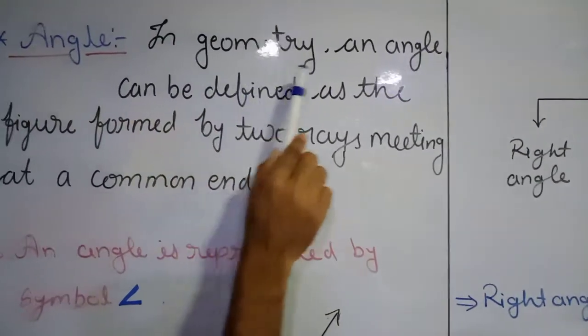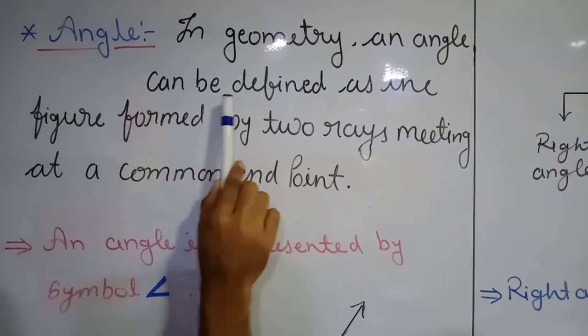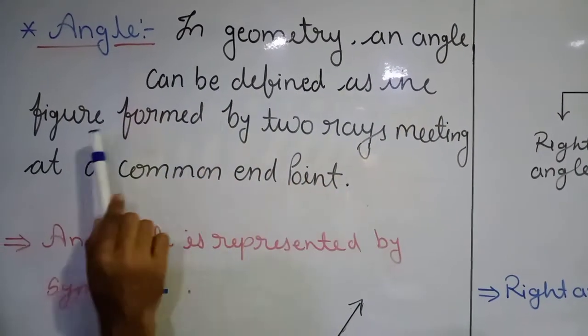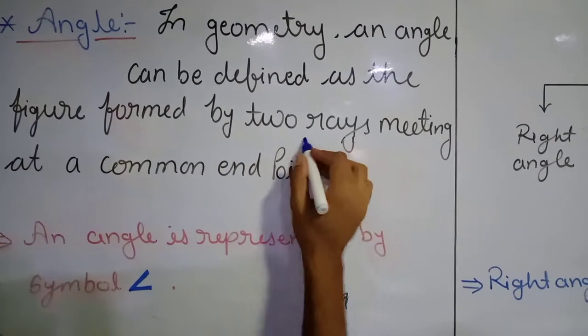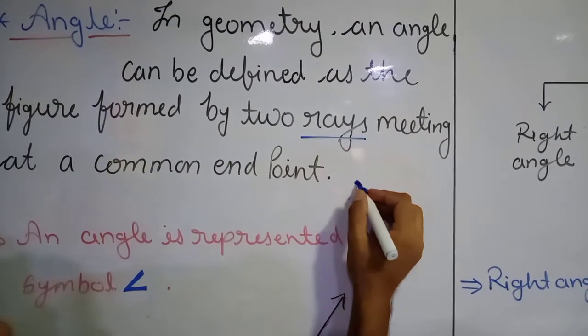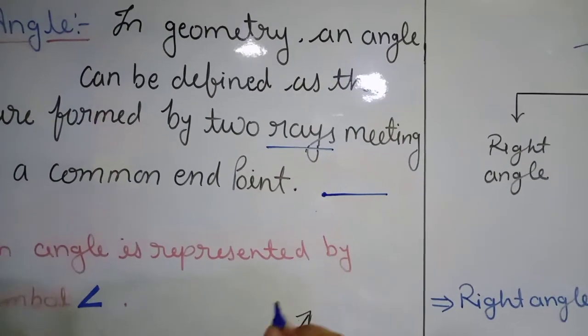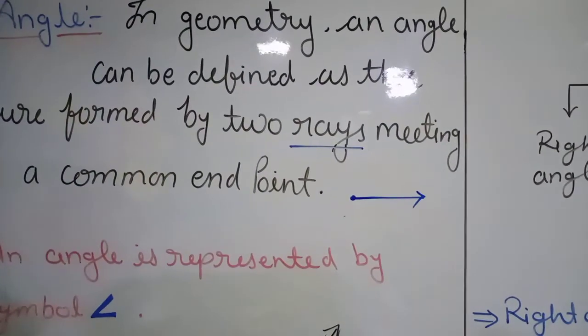In geometry, an angle can be defined as the figure formed by two rays. Rays means we have a ray that starts with a point and ends with an arrow sign.